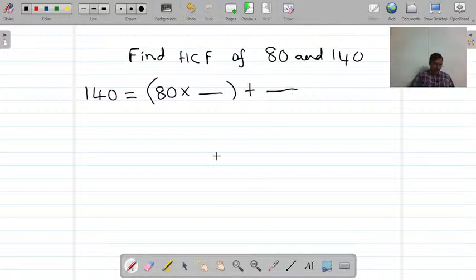First you try to find Q and R for this. Can you see that? Now simply you have to find the HCF of 80 and 140.